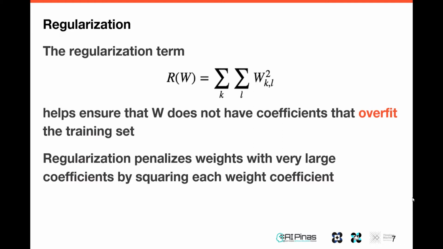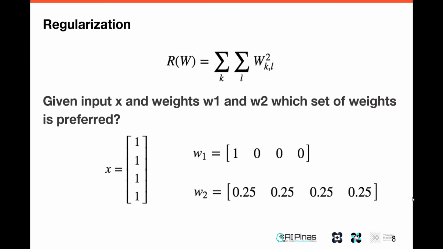Look at how this function works. Regularization penalizes weights with very large coefficients by squaring each weight coefficient. What this does is it penalizes models that rely too heavily on one weight or one neuron. So given some input X, let's use a more real example.